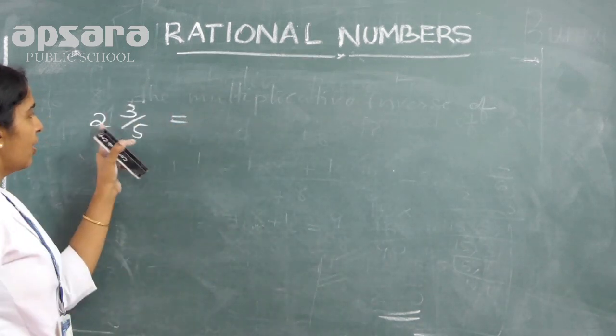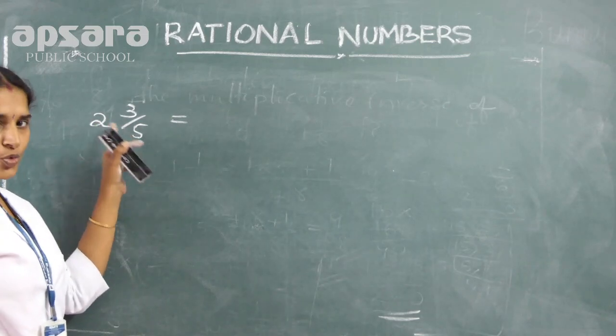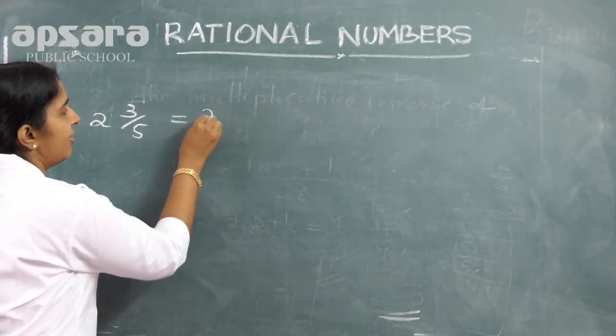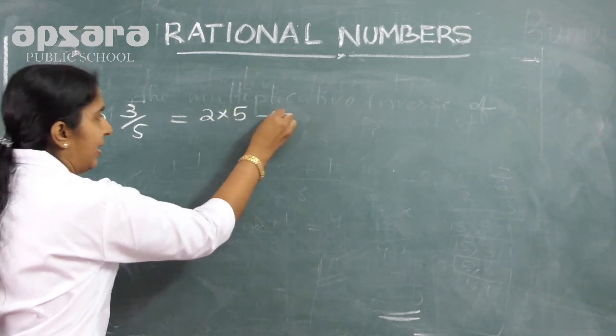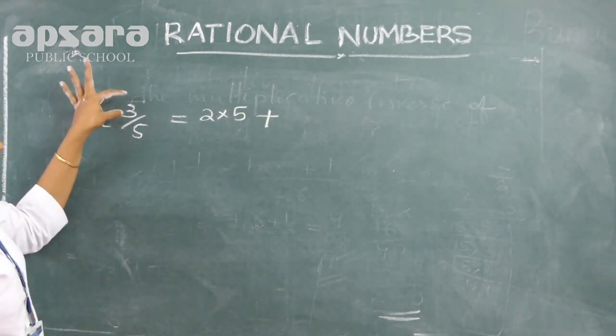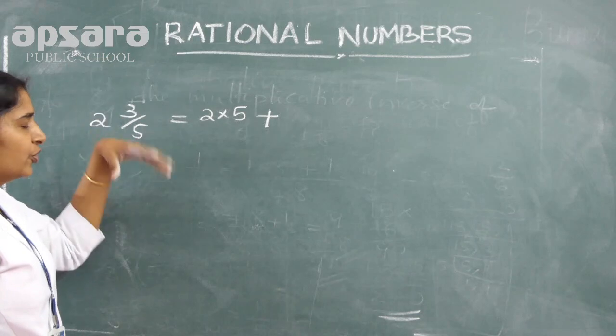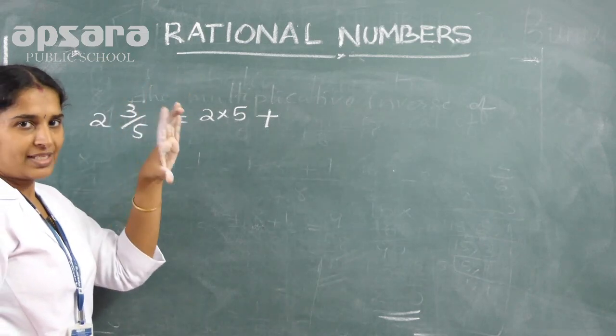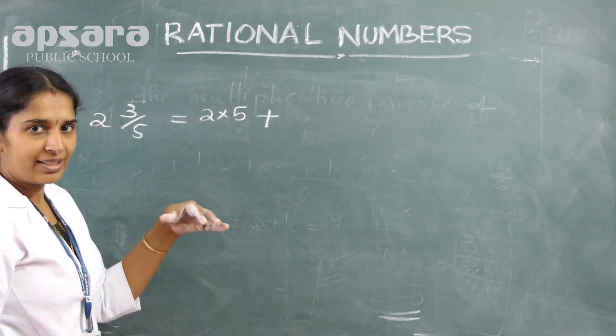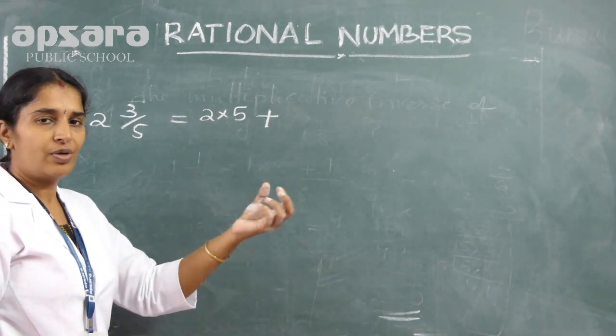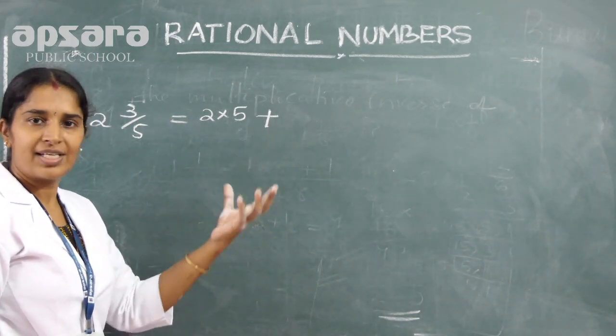Equal to, you have to multiply these two numbers, 2 into 5 plus, then add this 3, that is the remainder. When you divide improper fraction, there will be a numerator and denominator, right? So when you go for the division, you will be getting a quotient, remainder, divisor, everything.